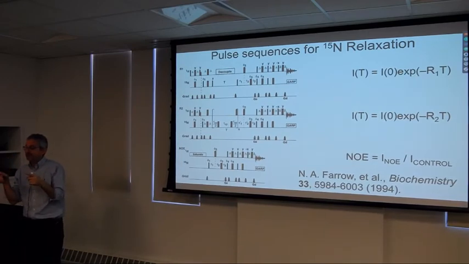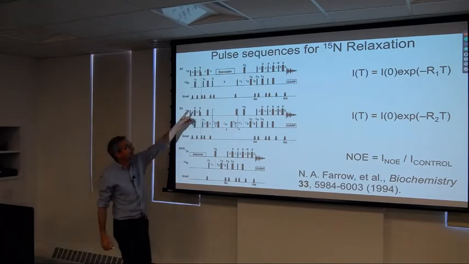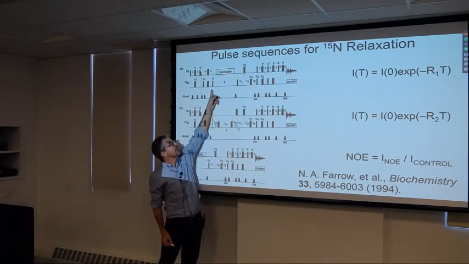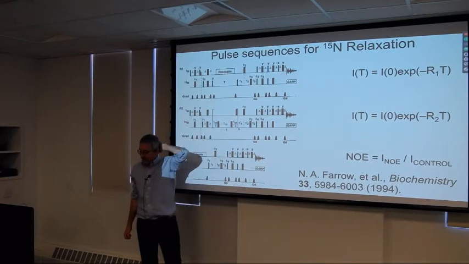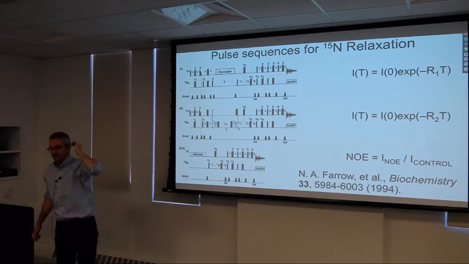We have to average those together to get the pure R2. And we're going to do it the same way by flipping the hydrogen periodically from alpha to beta, or beta to alpha. And then the only question is, where do we put the 180-degree pulses? Here, it didn't really matter. It turns out it's better to space them, as I said, at times 1/J. That's a very small, but measurable effect.